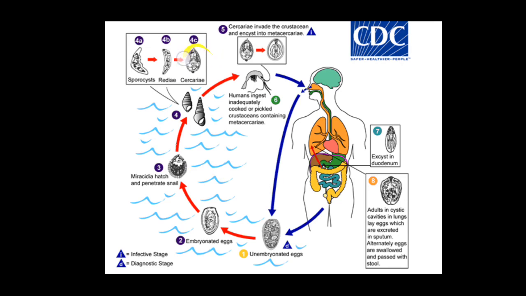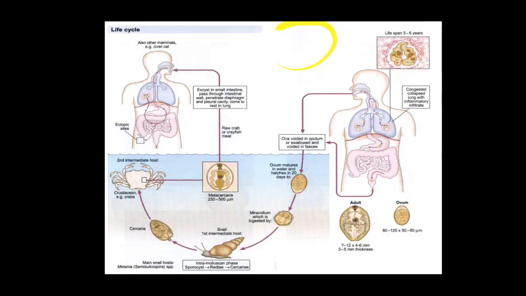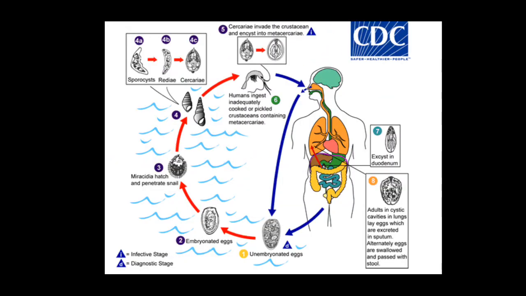And the 4C form, that is the cercariae, they come out of the snails and they infect the crustaceans. Crustaceans are shellfish and the crab. They infect them and they get encysted to form metacercariae.